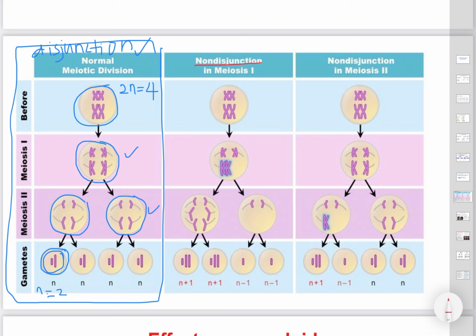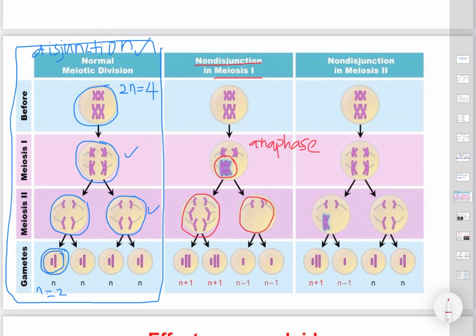Kalau non-disjunction berlaku semasa meiosis 1, apa berlaku adalah homologous chromosome di sini fail to separate to opposite poles in anaphase 1. So what happens is, dia akan menghasilkan daughter cell yang abnormal by the end of meiosis 1.